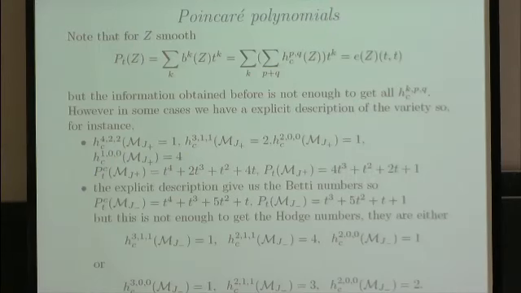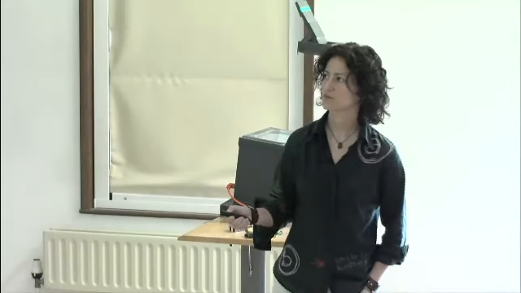But our computations, through this explicit description of the stratifications, give us the possibility to get the mixed Hodge numbers here. So we can compute the Poincaré polynomials, and for instance, I was just giving some that are not in the literature.